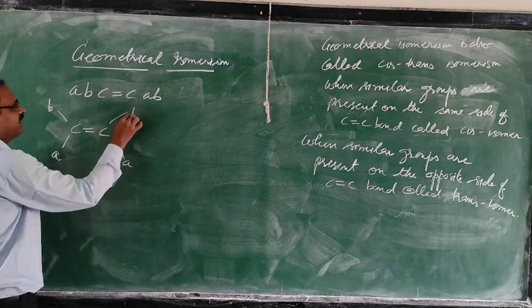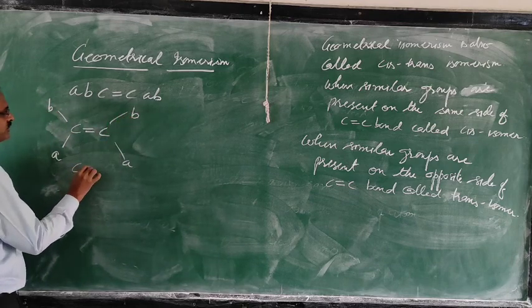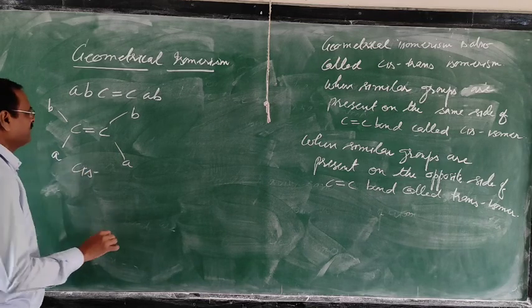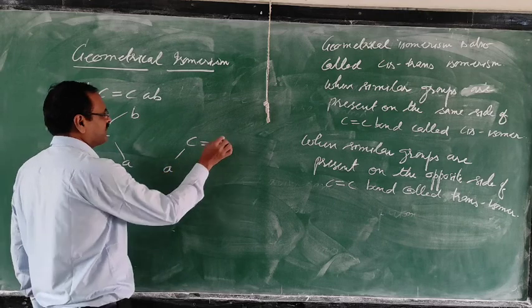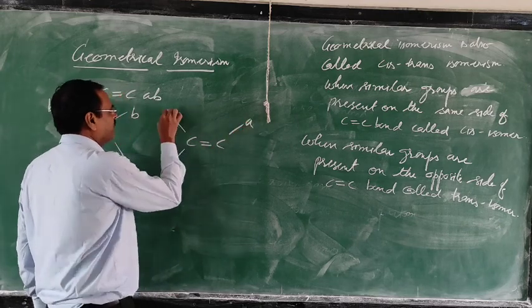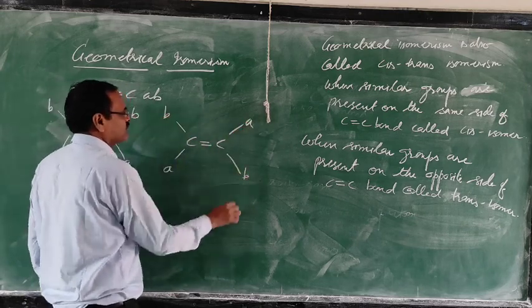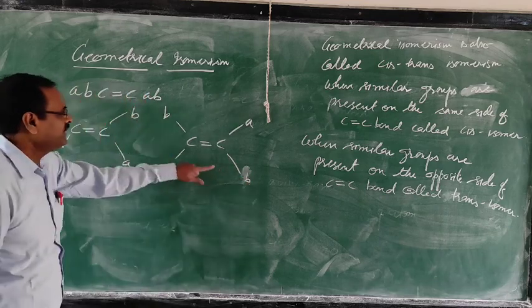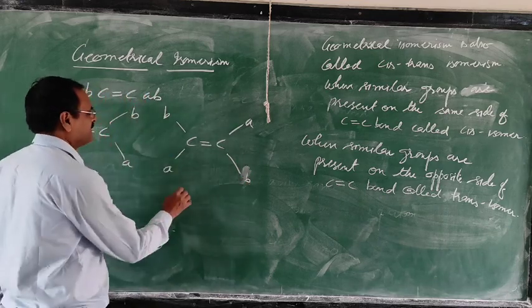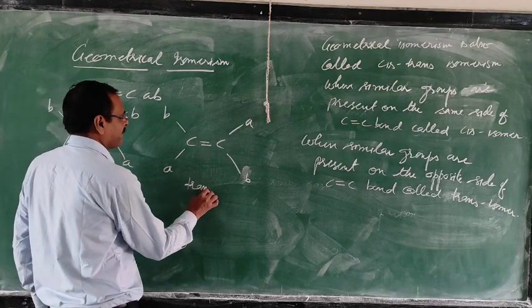This one is called cis. Next, the similar groups are present on the opposite side. This one is trans.